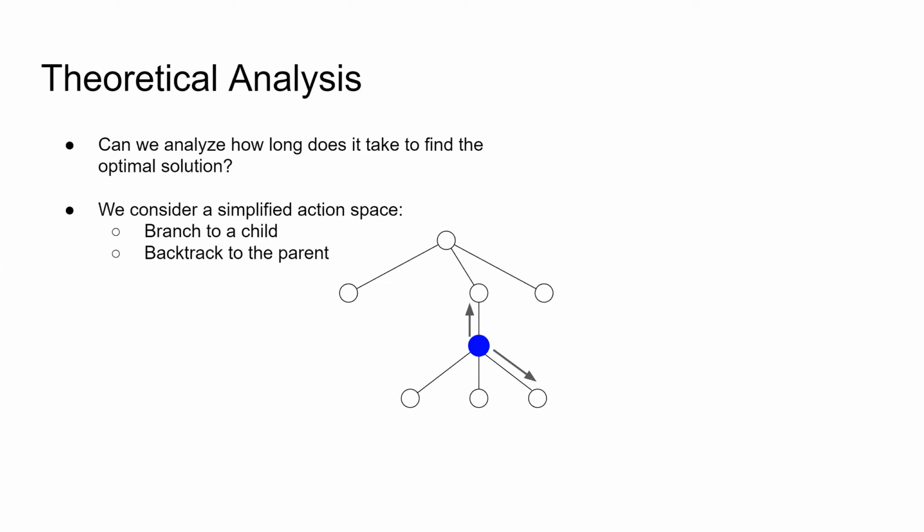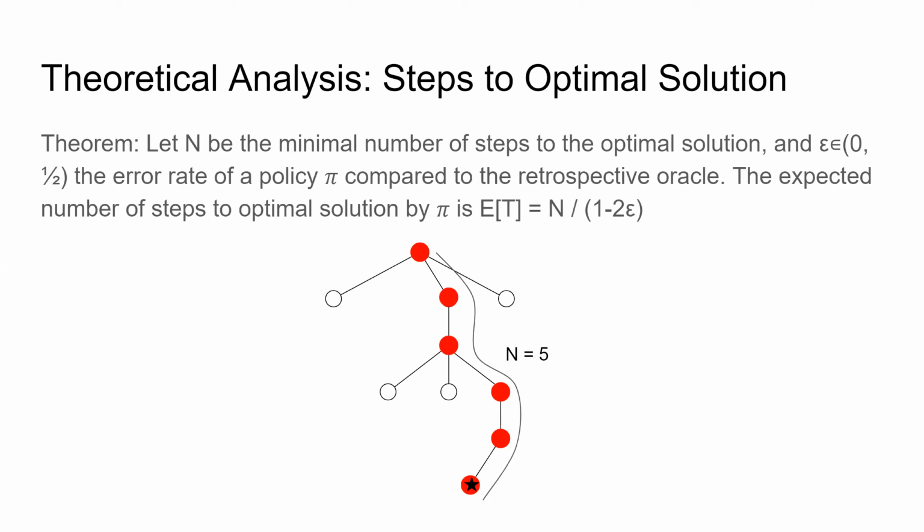So under this simplified analysis with a simplified action space, I can prove this theorem, which analyzes the number of steps you should take to reach the optimal solution. So the statement here is n represents the number of minimal steps to the optimal solution.